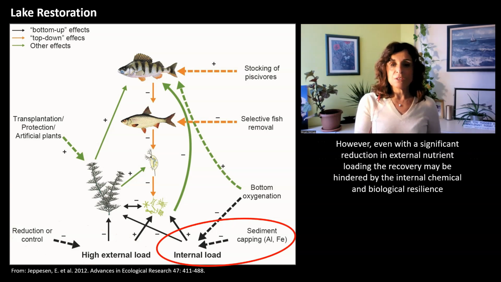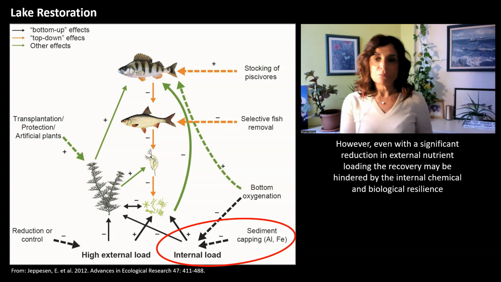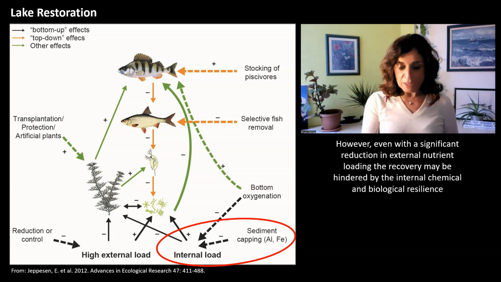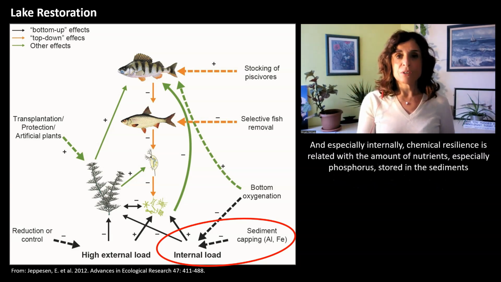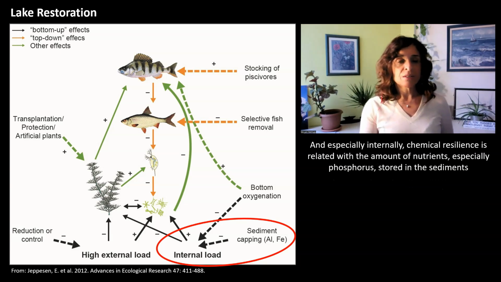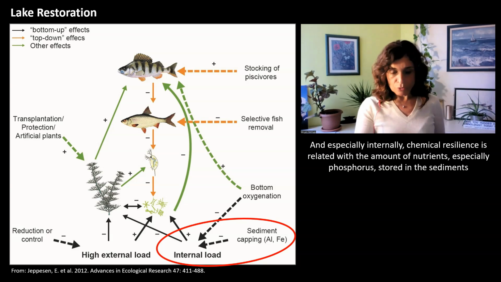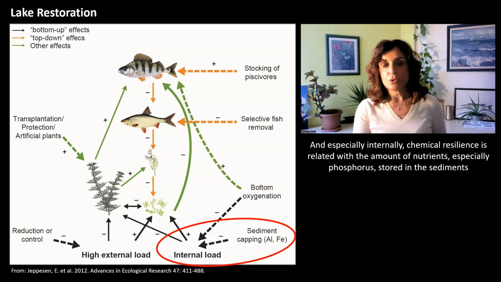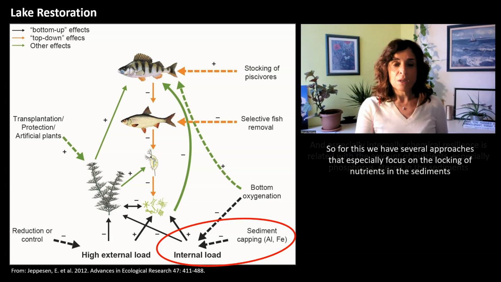However, even with a significant reduction in the external nutrient loading, the recovery may be hindered by internal chemical and biological resilience. Especially internal chemical resilience is related to the amount of nutrients, especially phosphorus, stored in the sediment.